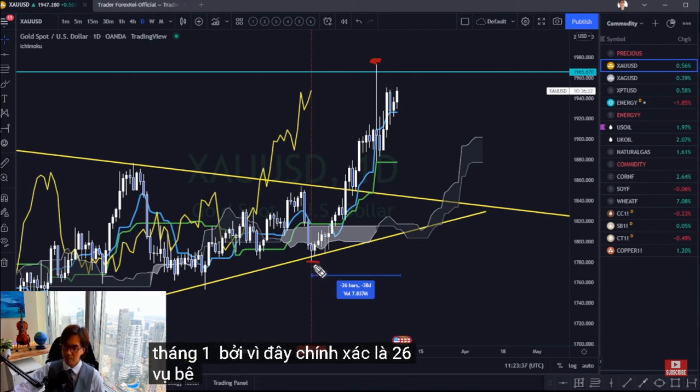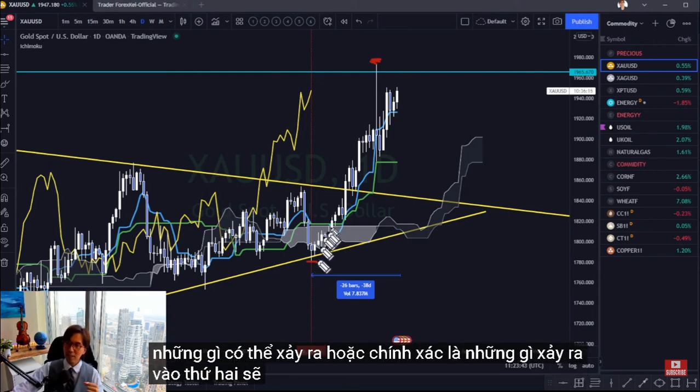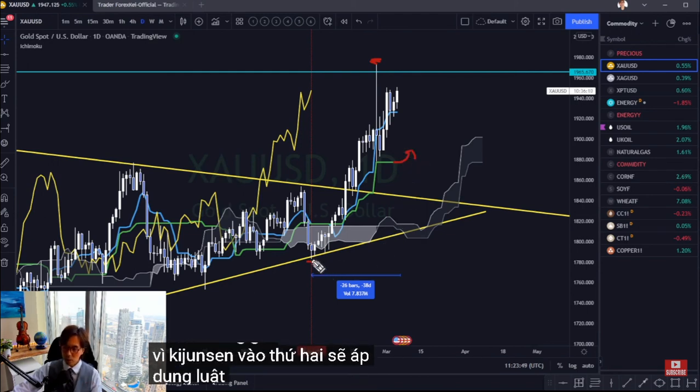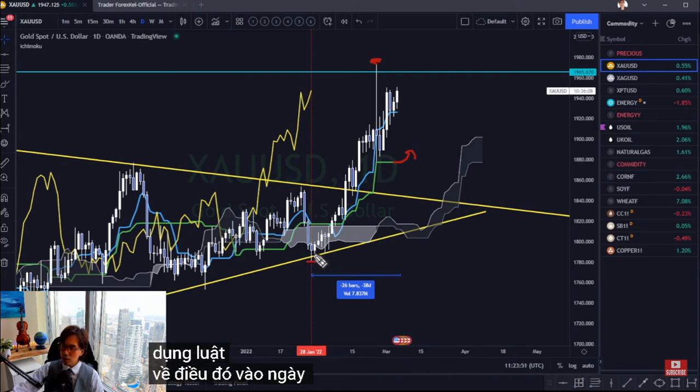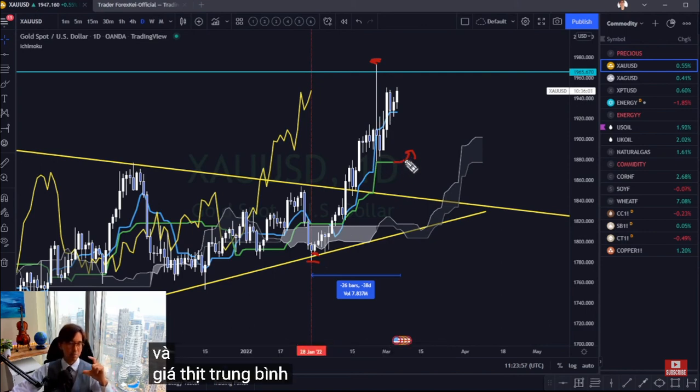the 26th previous candle. So what exactly happens on Monday will be Kijun-sen turns bullish, because Kijun-sen on Monday will take the low on the 29th of January here, and the average, the mid price, will rise because of this.